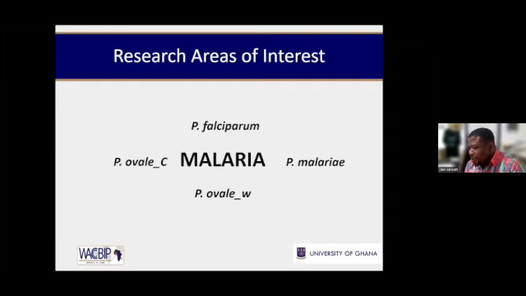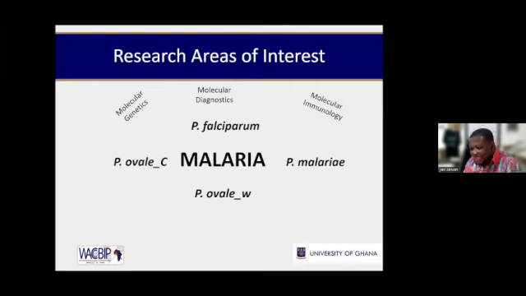These have been shown to cause malaria, especially in the sub-Saharan African belt. These are the dominant ones, though falciparum is known to cause the heaviest disease.